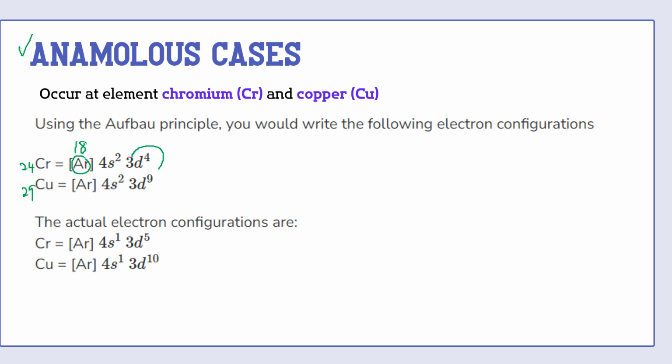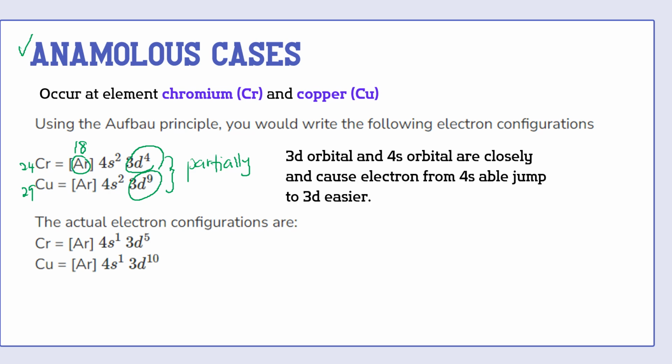So 3d4 and 3d9 we would consider as partially filled orbitals. In the notes we understand that the 3d orbital and 4s orbital are close in energy, so one of the 4s electrons easily jumps to 3d, the same for copper.